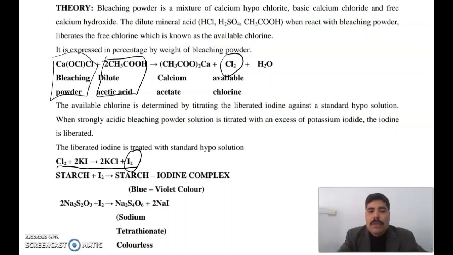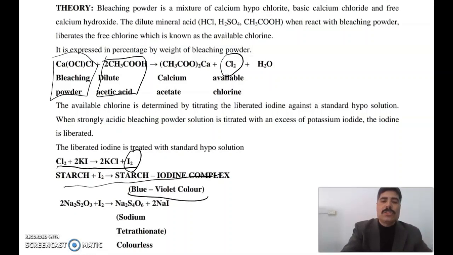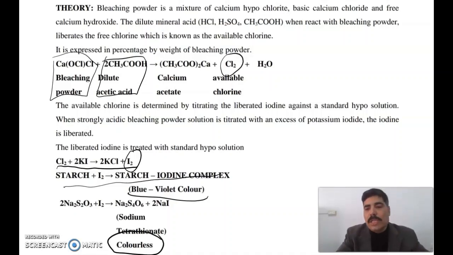In the same solution, we add the starch. Starch is an indicator in this titration and results in the formation of a bluish black colored solution, which we titrate further with sodium thiosulfate solution till we get a colorless solution. This is the end point of the titration. Now we move to the procedure part of the experiment.